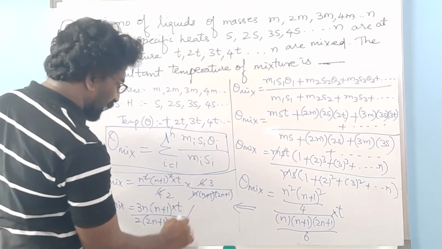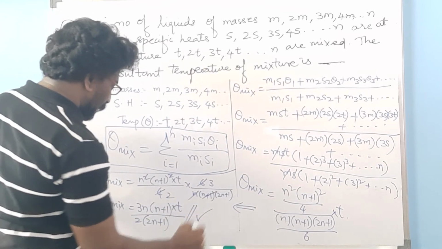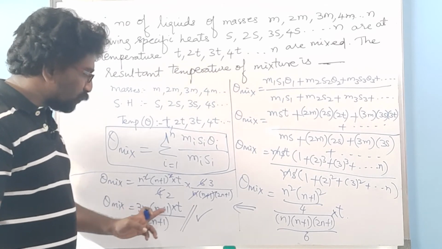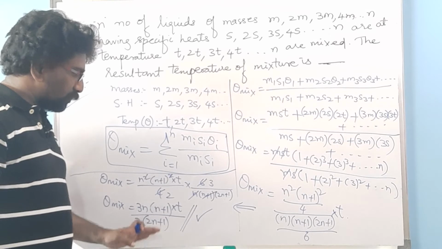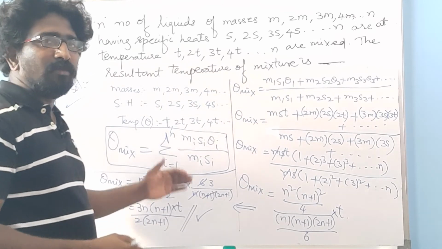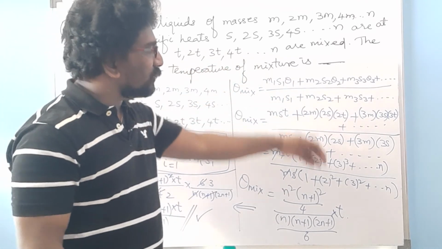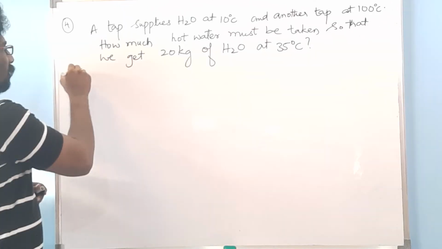So this is your final answer. Theta mix equal to 2n into n plus 1 into t divided by 2 into 2n plus 1. So this is your final answer. So this is how we are supposed to solve whenever the series numbers have been given to you.